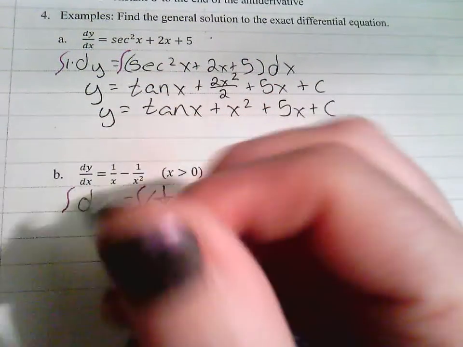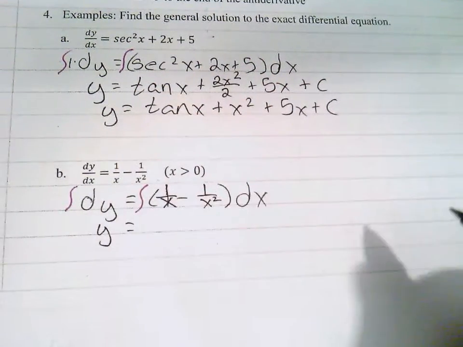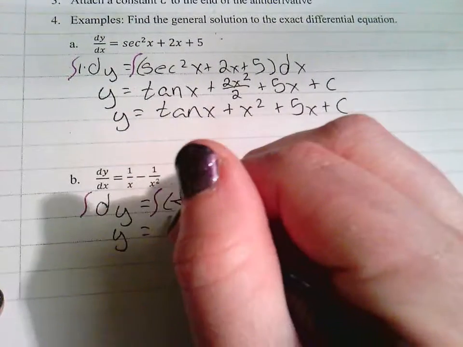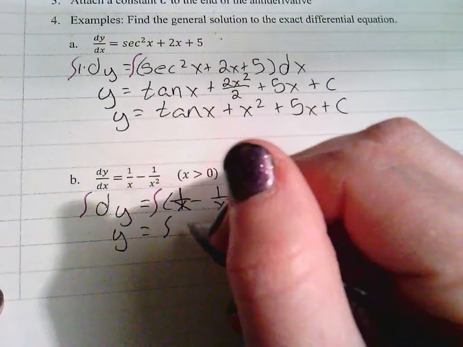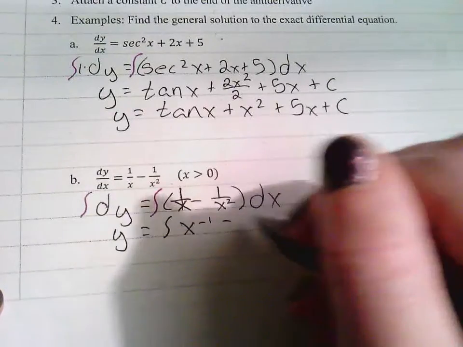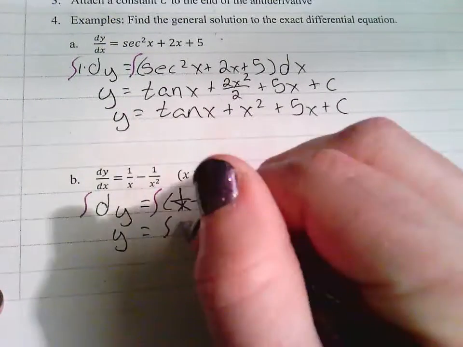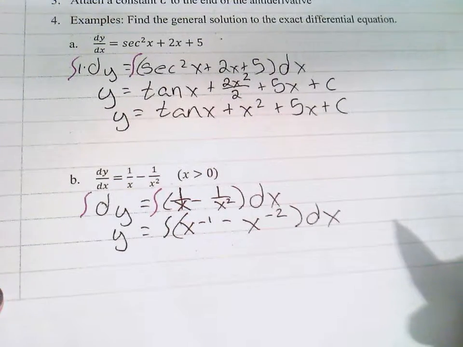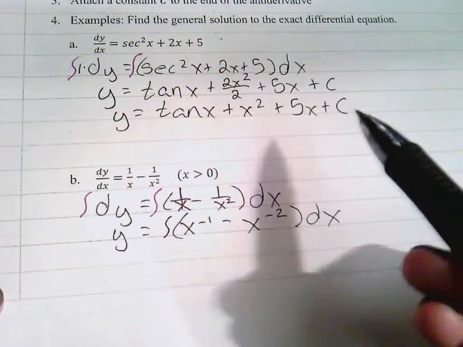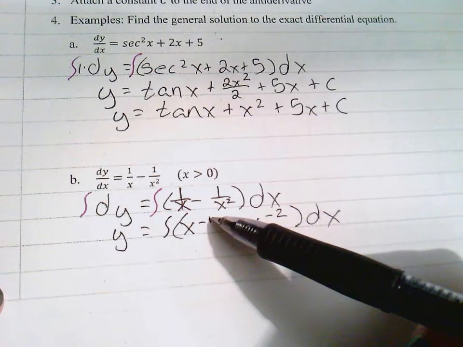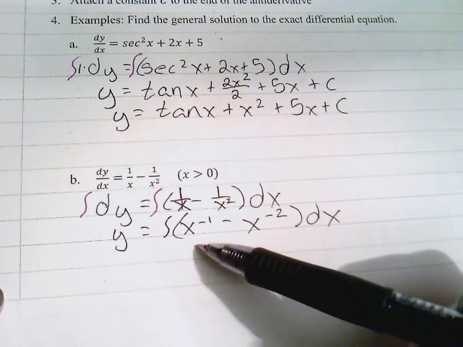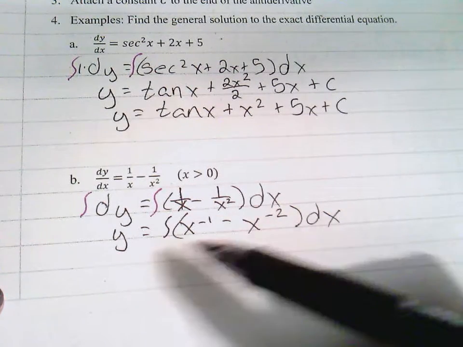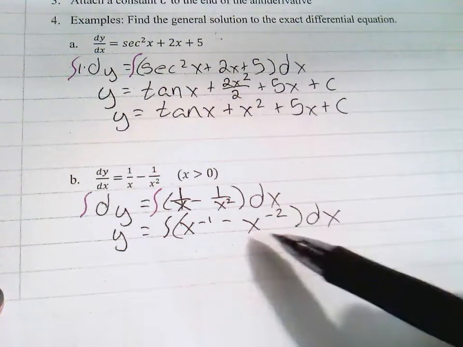So that's going to be y equals, I'm going to write them using negative exponents, so you've got x to the negative 1 minus x to the negative 2 dx. But if you remember, if I want to integrate this, you're going to get x to the negative 1 plus 1 over negative 1 plus 1, which is 0.